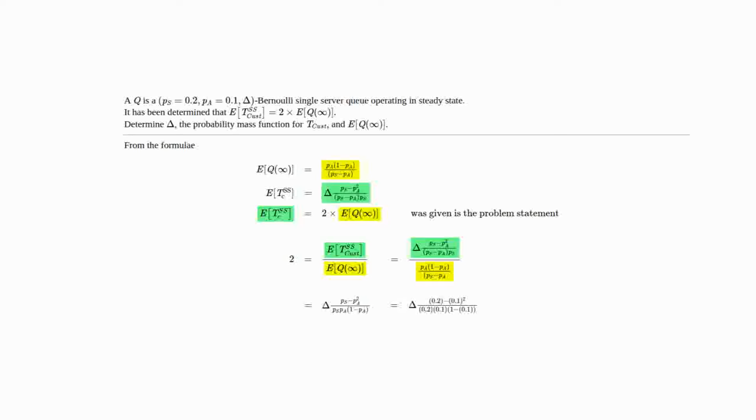And simply then plugging in the value of PS is 0.2 and PA is 0.1, doing simple calculations, we get that's delta times 0.19 over 0.018, or delta times 10.5 repeating.